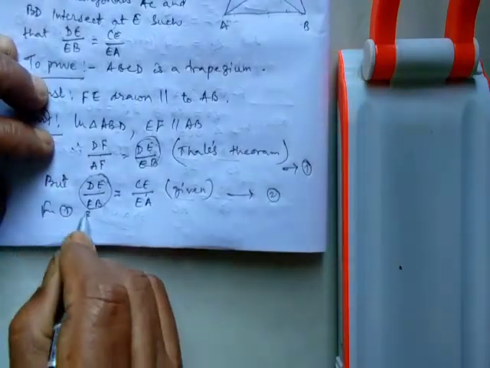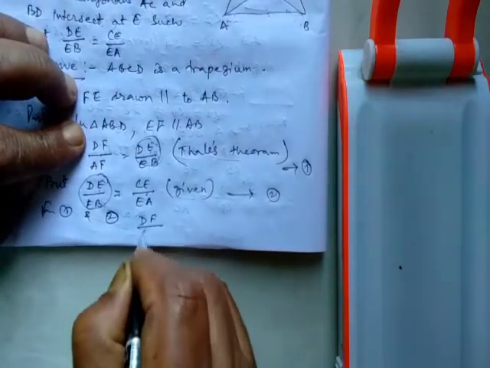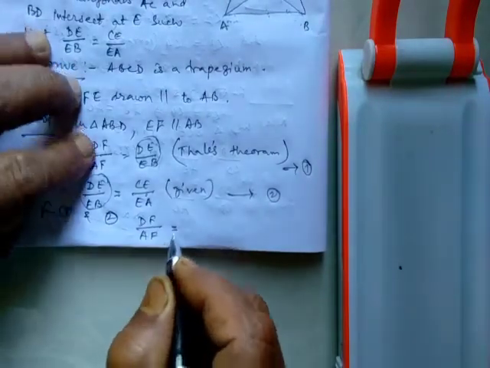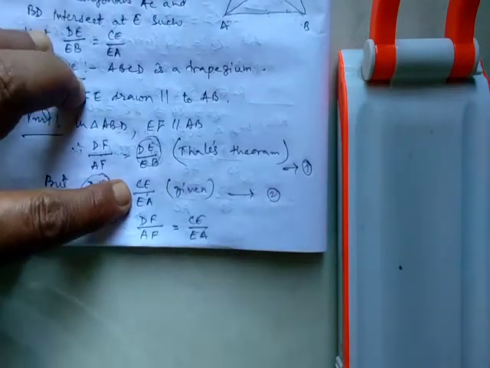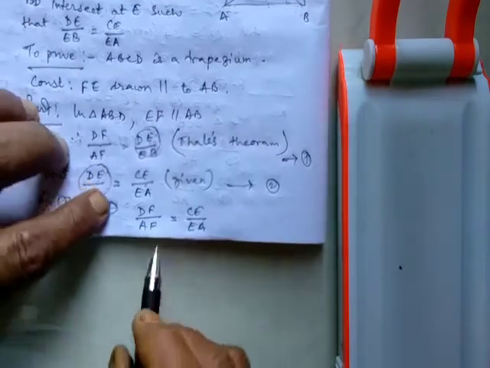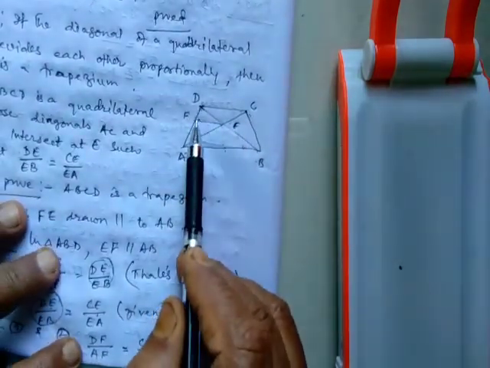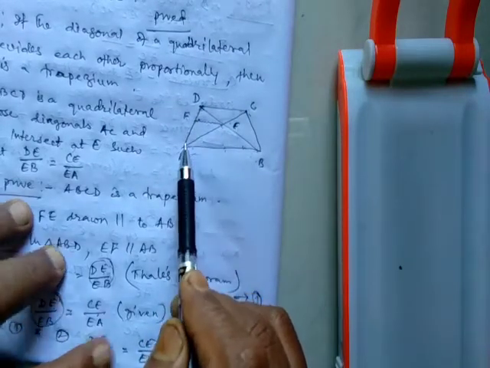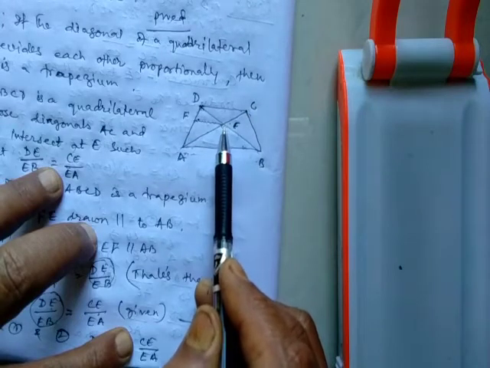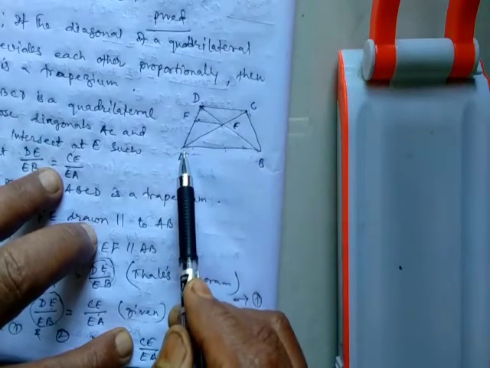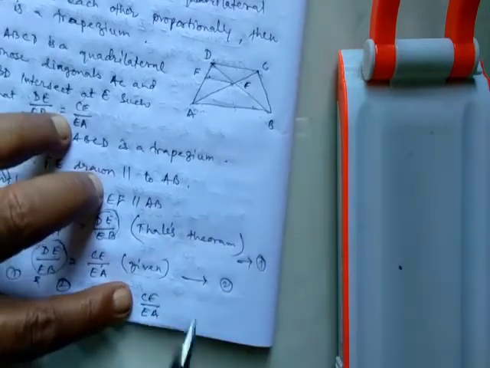From 1 and 2, DF by AF is equal to CE by EA. That means EF is parallel to DC.